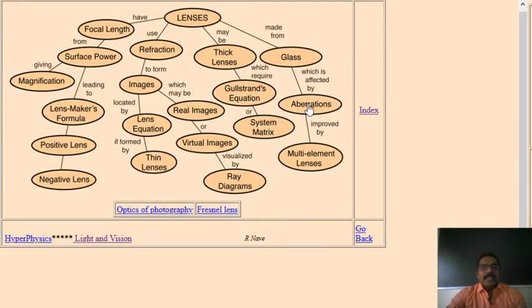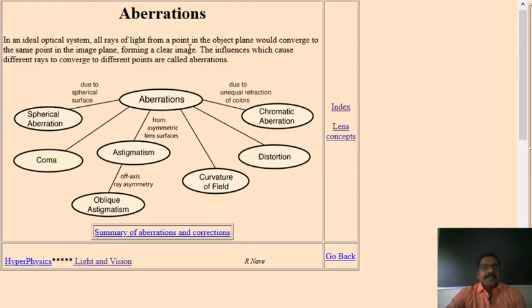What are aberrations? Aberration means, if there is an object and we use lenses, the image of the object is different from the object because of defects. The defects are in the position of the image, or color of the image, or size of the image.